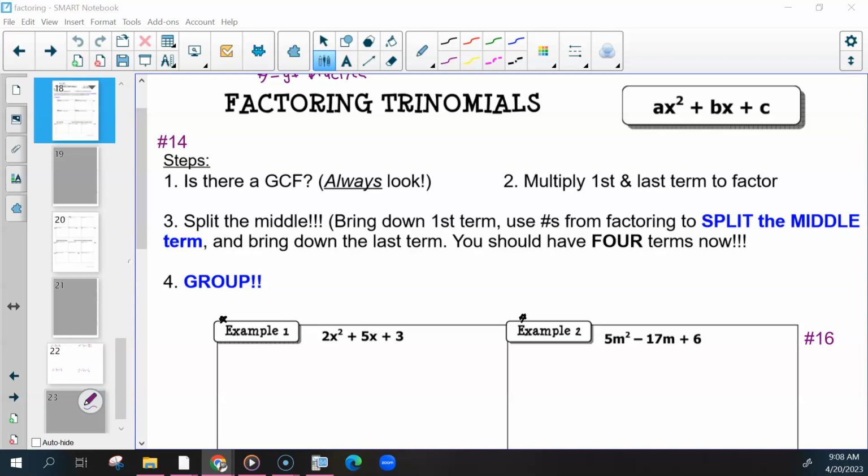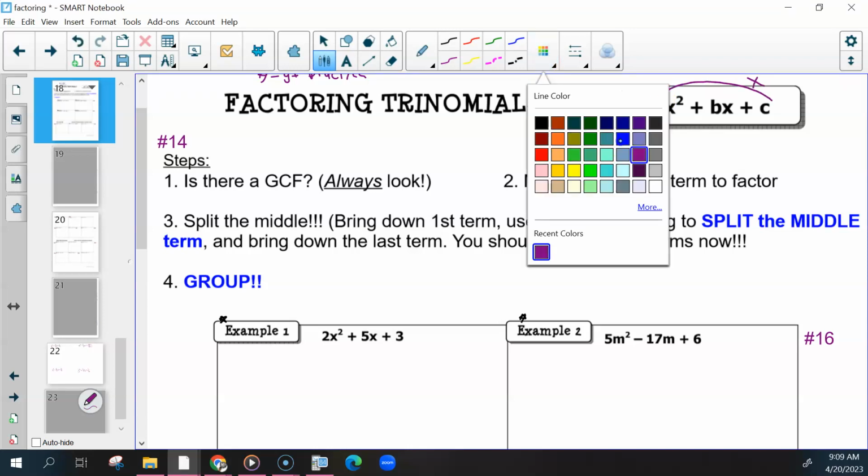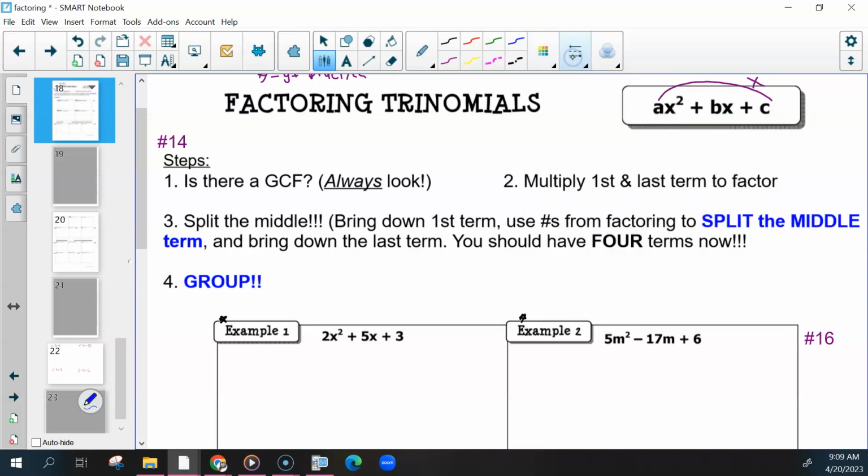Then, like the basic trinomials, this is when A does not equal 1 or it's greater than 1. You're going to take A and C and you're going to multiply those numbers together. Whatever numbers those are after they're multiplied together, you're going to find of those factors that multiply together, which of them add to be B. So that part's kind of the same, but a little different.